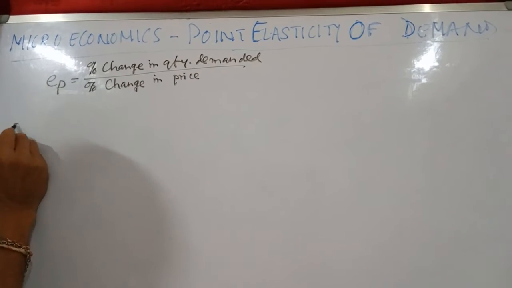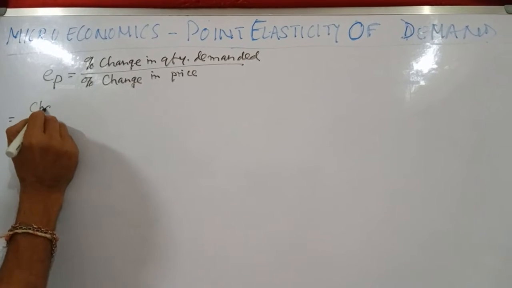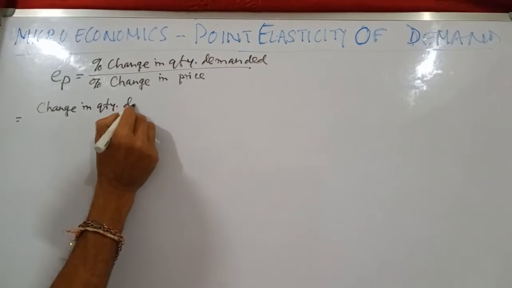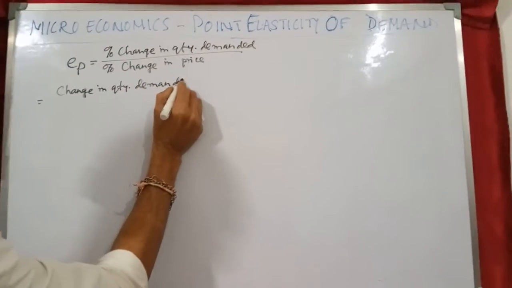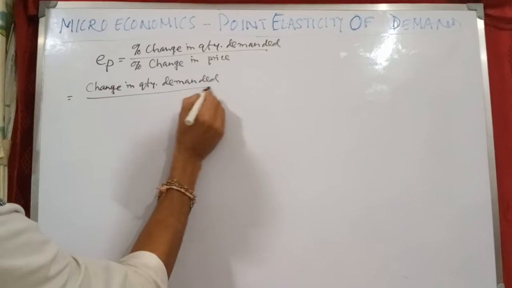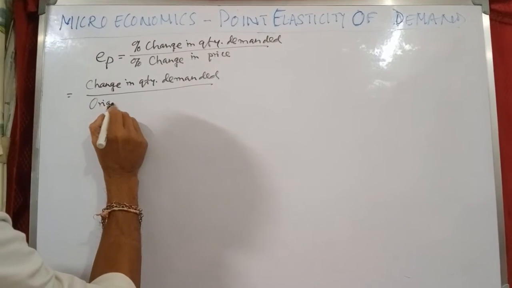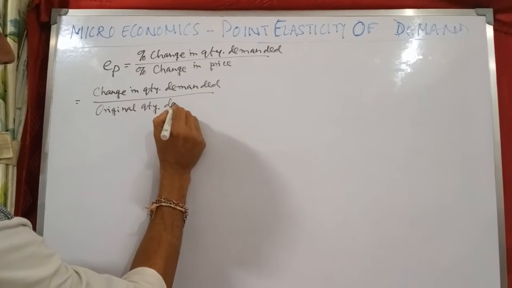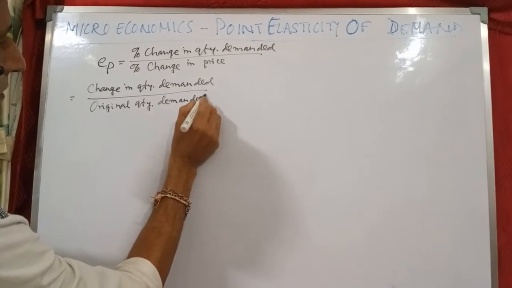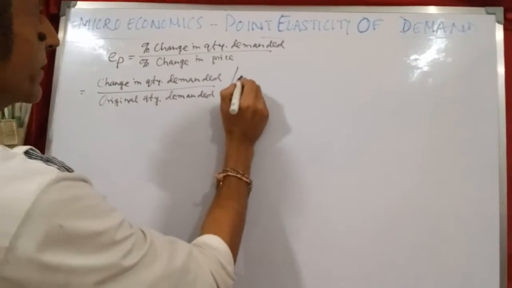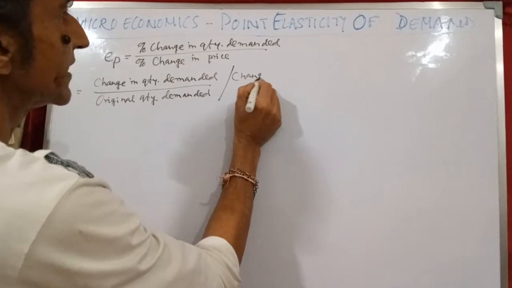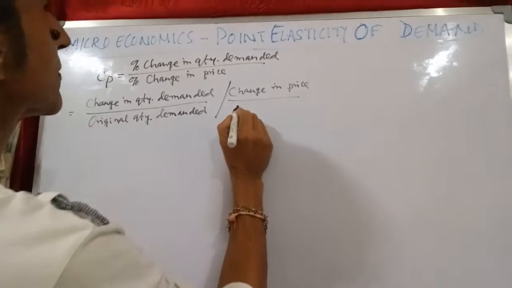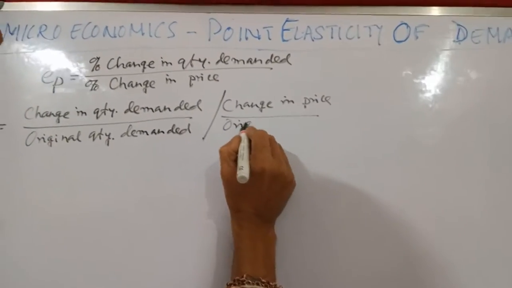price, that is equal to change in quantity demanded by original quantity demanded, whole divided by change in price divided by original price.